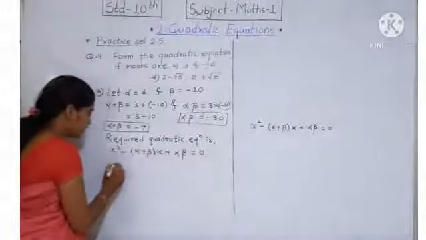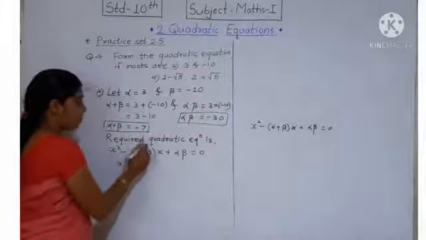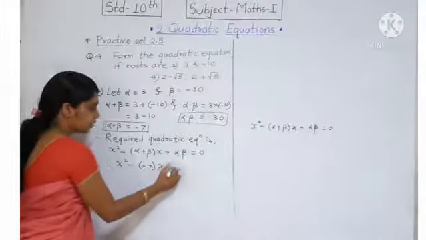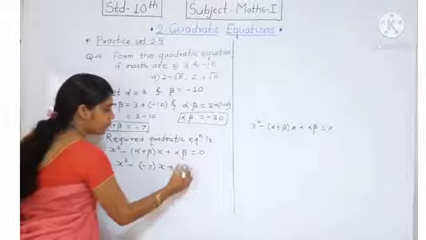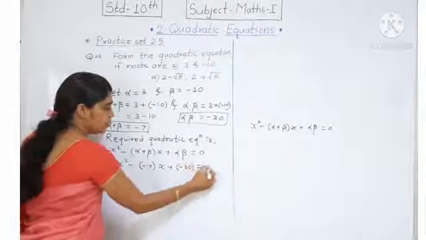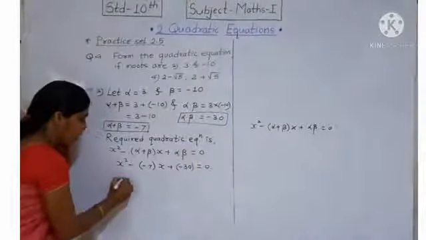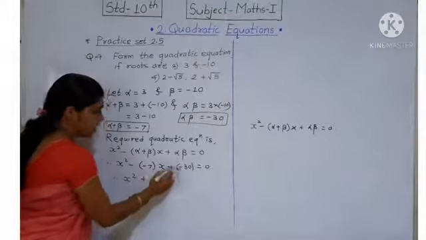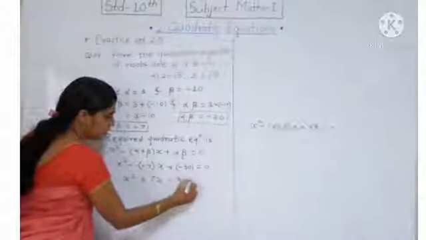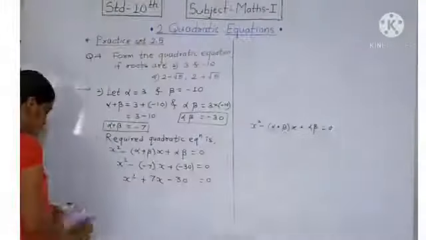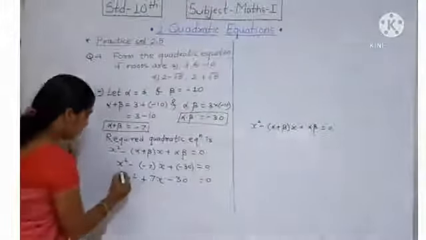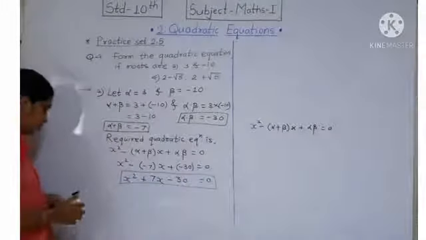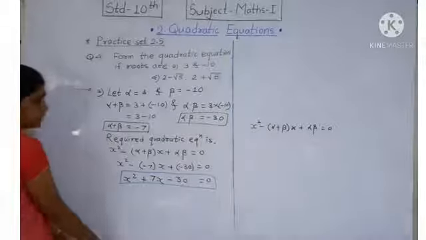Value of alpha plus beta is minus 7 and value of alpha beta is minus 30. Simplify: x square plus 7x minus 30 is equal to 0. This is our required quadratic equation.